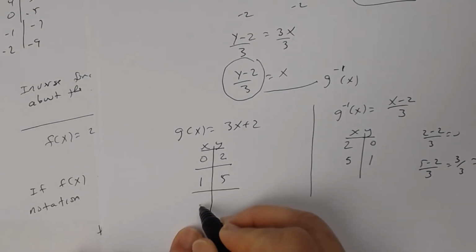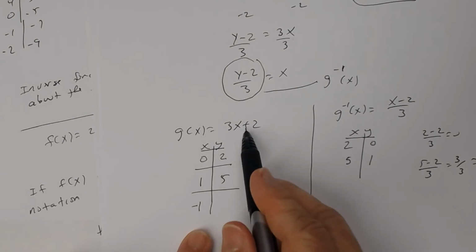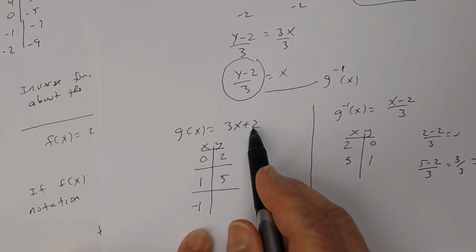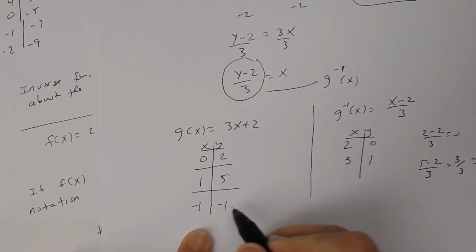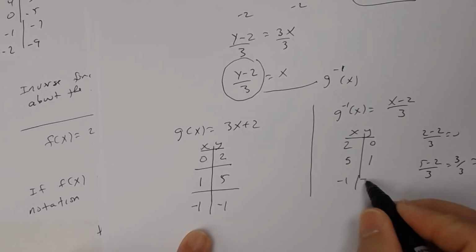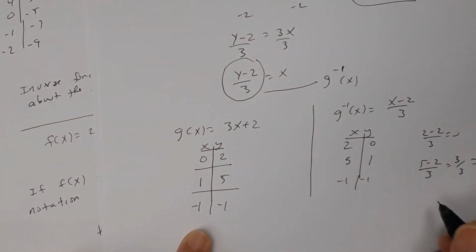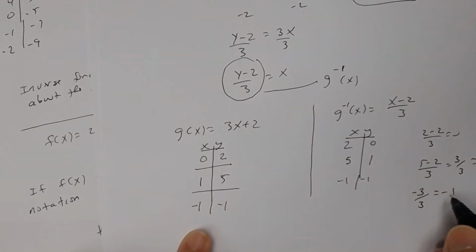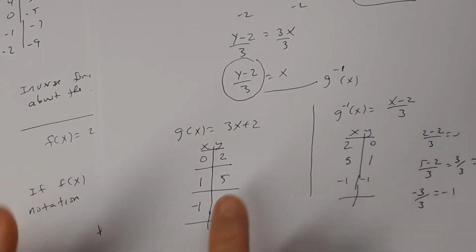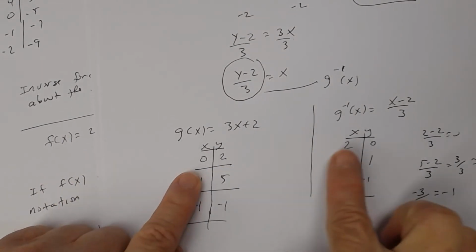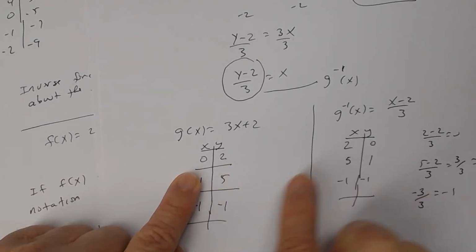If x is, let's say, negative 1, 3 times negative 1 is negative 3. Negative 3 plus 2 is negative 1. So over here, I better get negative 1. Let's see. Negative 1 subtract 2 is negative 3. Negative 3 divided by 3 is negative 1. I get that. Let's do one more. Based on what you notice, x becomes y becomes x.